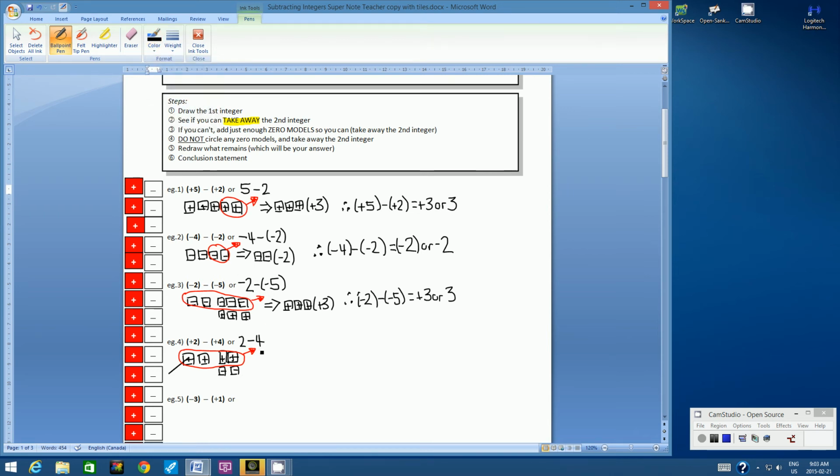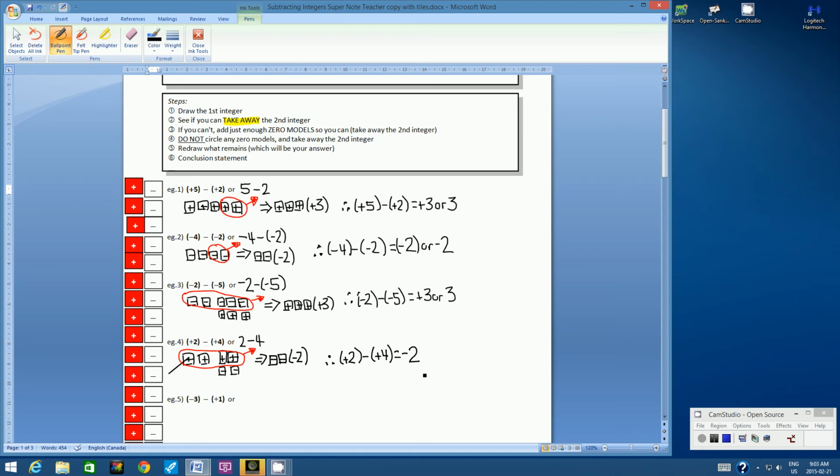Step number 5, redraw what remains. So what remains is 2 negative tiles. Okay? Therefore, +2 subtract +4 equals -2.